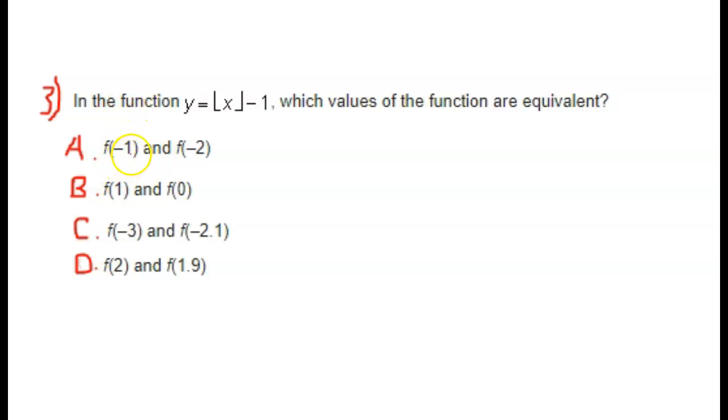F of negative 1 and f of negative 2. When I plug in a negative 1, that's going to be negative 1 minus 1. If I plug in a negative 2 into this function, that's going to be negative 2 minus 1. We know that's not equal, so A is out.